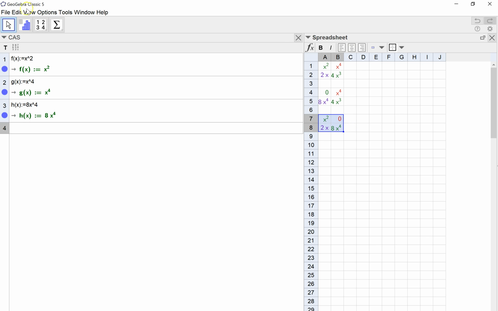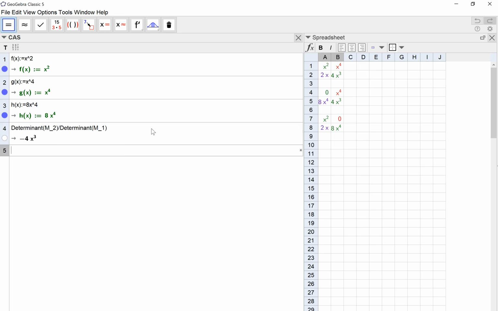We use Cramer's rule again, so we'll take the determinant of M2 and divide that by the determinant of M1. To save some time, we'll copy this down, change the 2 to a 3, and get those. Remember, we're using Cramer's rule to solve the system.